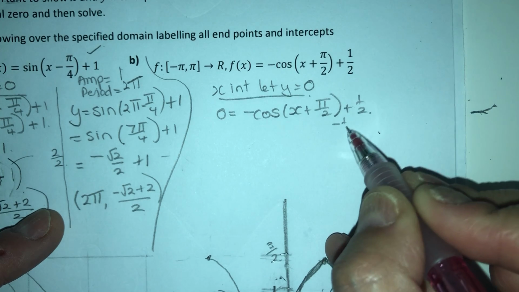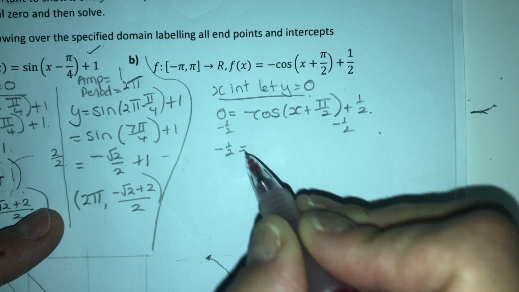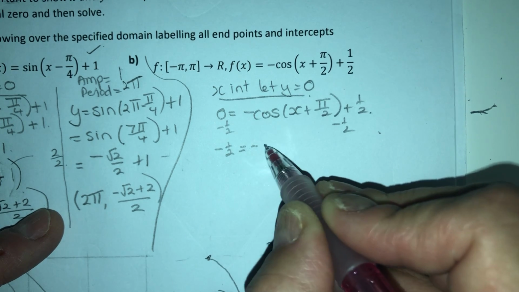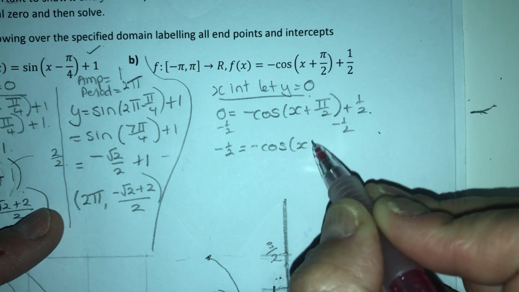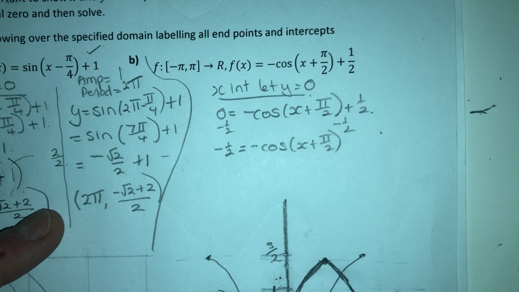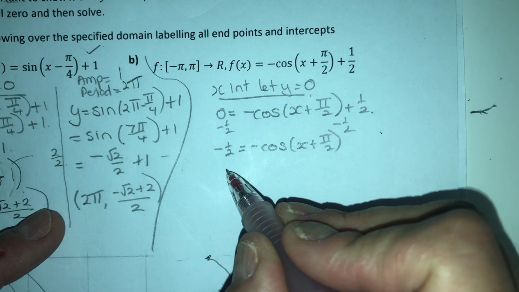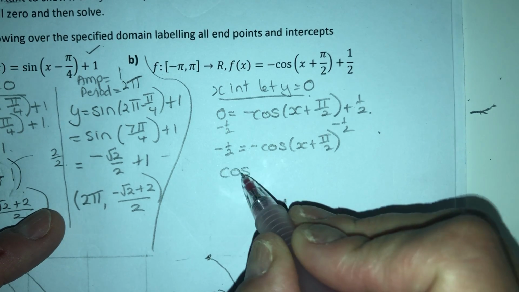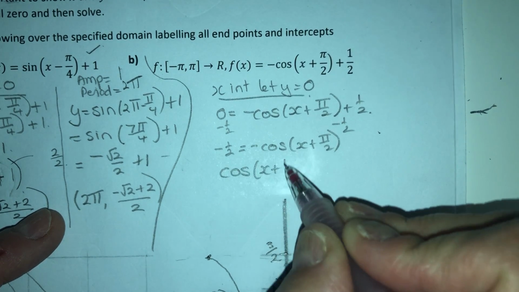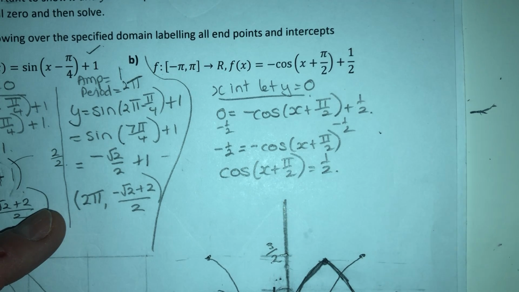Okay, if we subtract a half from both sides, so then we've got this line. And then, of course, we can get rid of our halves. So if we divide everything by half, we'll end up with cos(x plus pi on 2) is equal to 1/2.